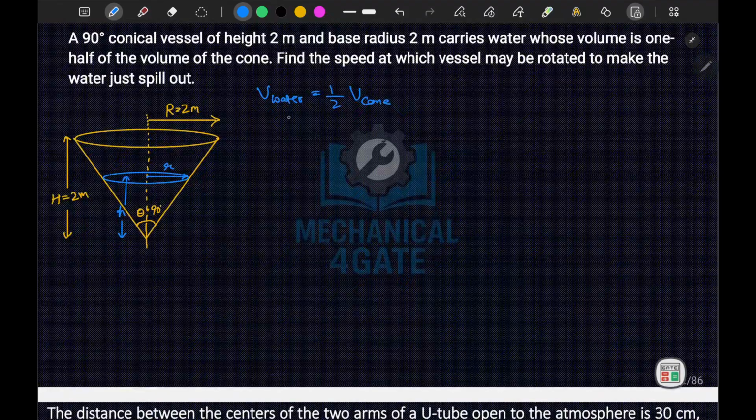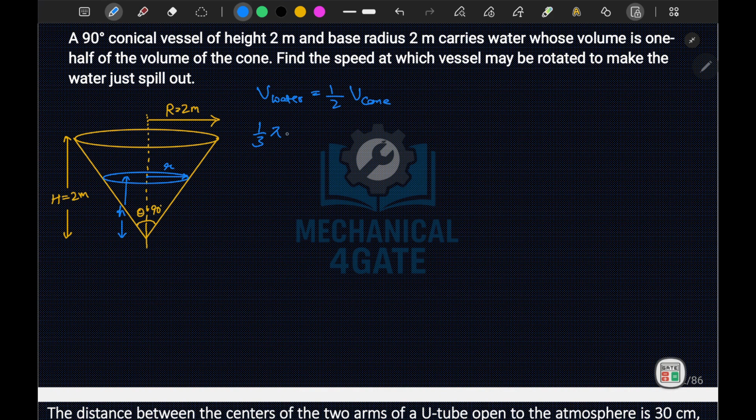So if I substitute the values here, volume of cone is 1/3 times pi r square h is equal to half times 1/3 times pi r square h. From here I can cancel out these terms. But since this angle is your 90 degree, this angle should be your 45 degree.